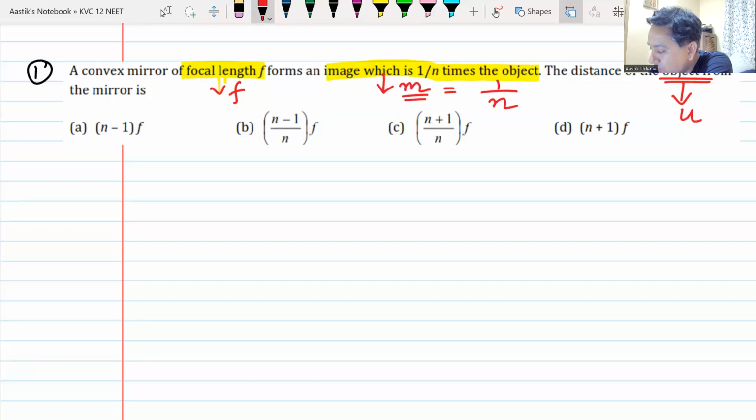But the question is, will it be plus 1 by n or will it be minus 1 by n? That is not given. Whether it is forming a real image or a virtual image is not said, so how will I find out whether the magnification is positive or negative? The answer is in the question itself. Is the magnification positive or negative?